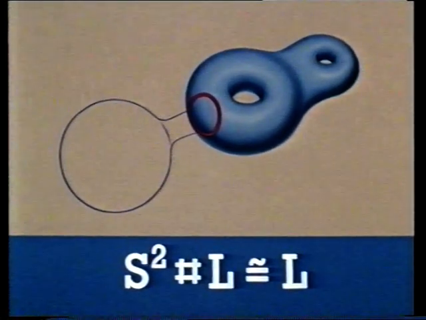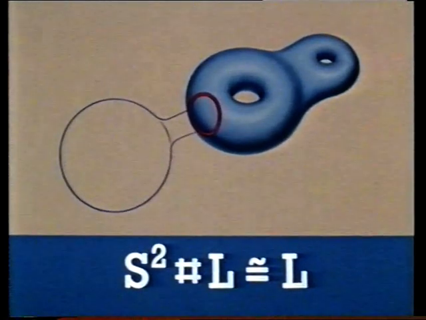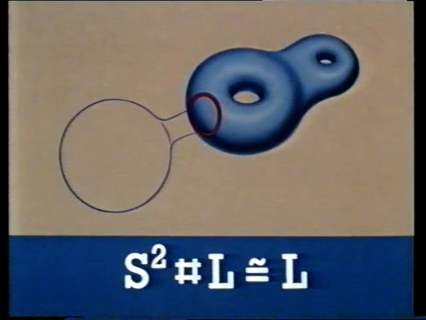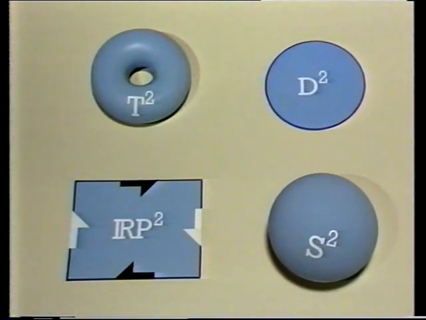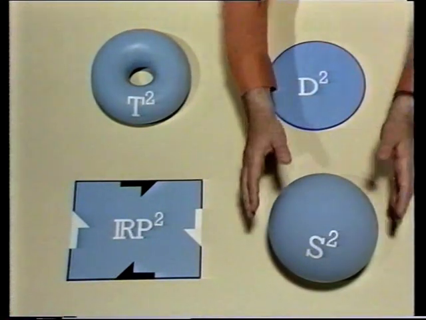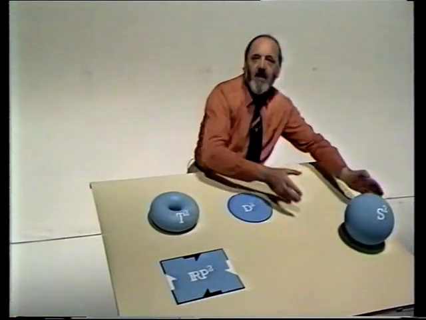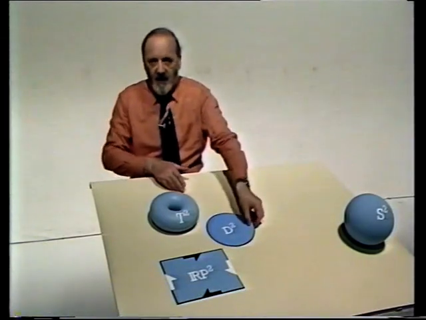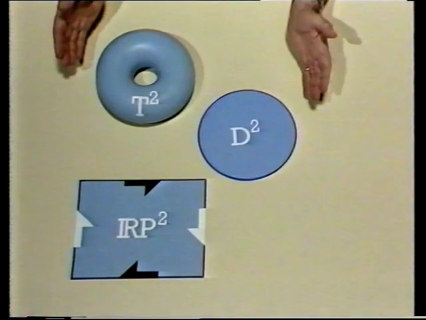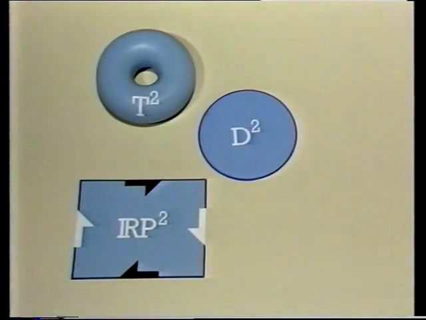The connected sum of S2 with any surface L is homeomorphic to the original surface L. So we don't get anything different if we add a sphere to a surface. We've included it here just to represent itself. Setting it aside for the moment, I'm now claiming that all surfaces other than the sphere can be constructed from just these 3. So let's continue exploring with each of these.